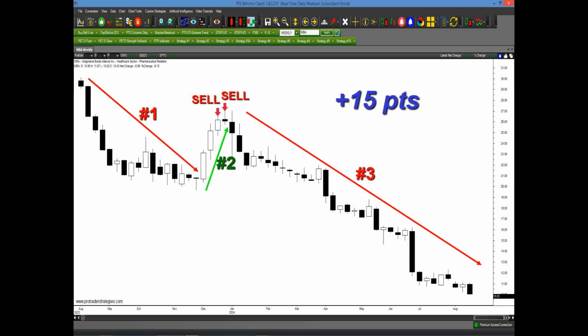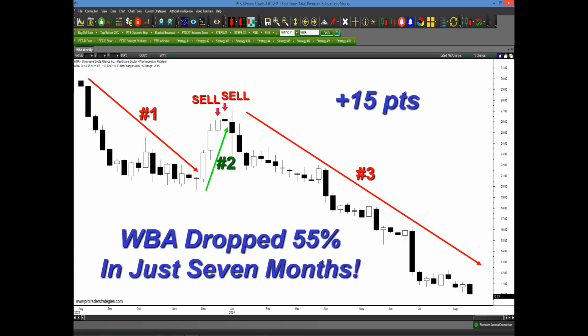I know a lot of you would say, well, gosh, look at from January of this year to this month, a full 8 months, I only would have made 15 points potentially. That's not a lot. But look how much the price is. This was only a $26 stock. The stock price actually dropped 55%, I should say, in just 7 months. So this is a tremendous percentage drop in just 7 months.